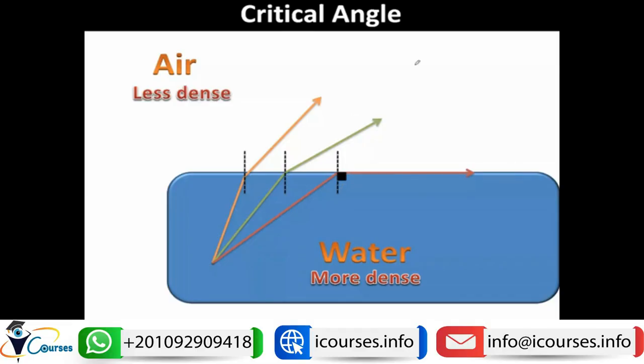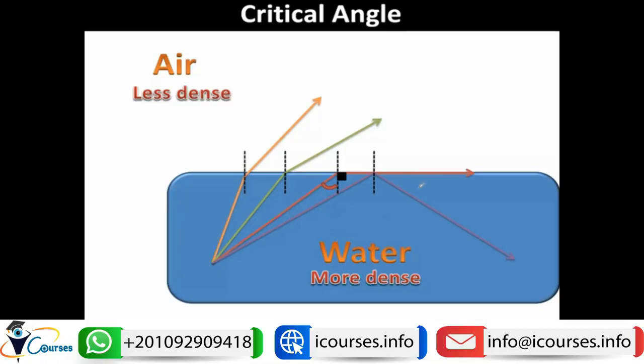So the light is not refracted outside the more dense medium. So what happens if we increase the angle of incidence even further? This will lead to reflection of the light. This reflection occurs when the angle of incidence increases up to a limit. It is called the critical angle.